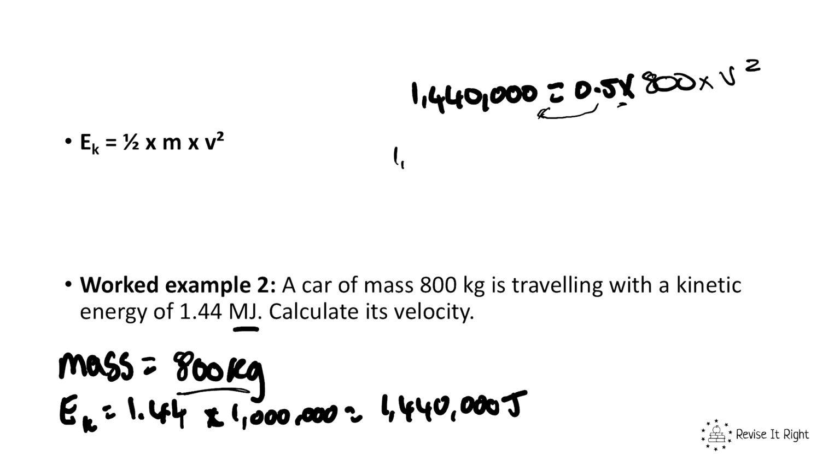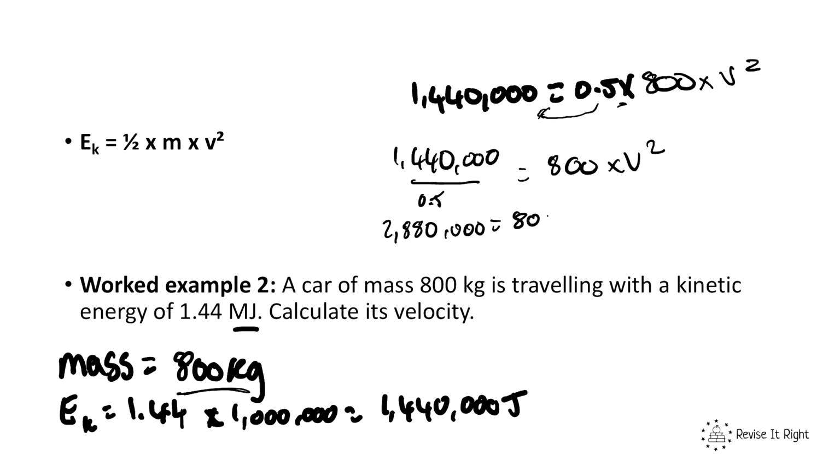So 1.44 million divided by 0.5 is going to equal 800 times v squared. If we put that into our calculator, 1.44 million divided by 0.5 is going to be 2.88 million is equal to 800 times v squared.